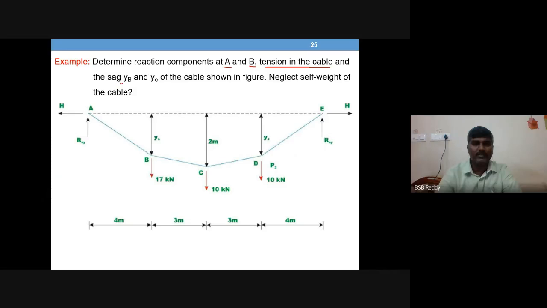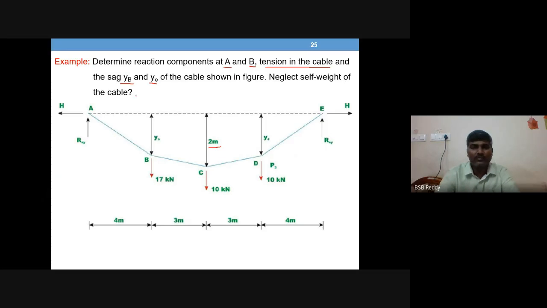And sag y at B and y at D, sag or dip of the cable shown in figure. Though there are three sag values, one sag value is given. So that is the one extra piece of information required, because now we will count the number of unknowns.